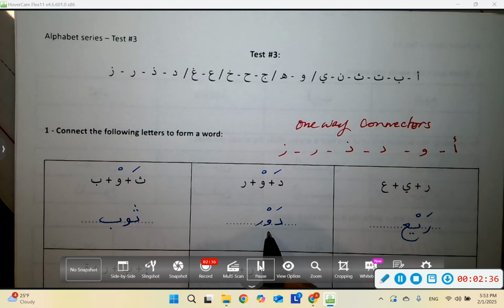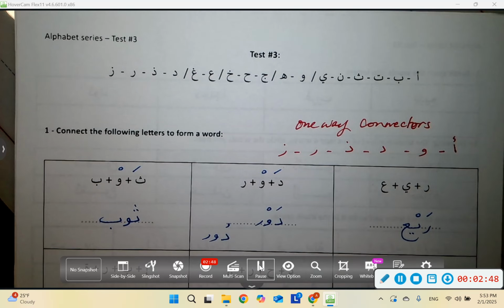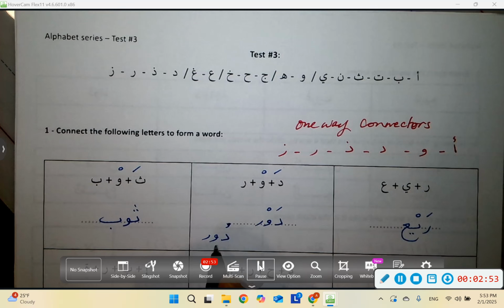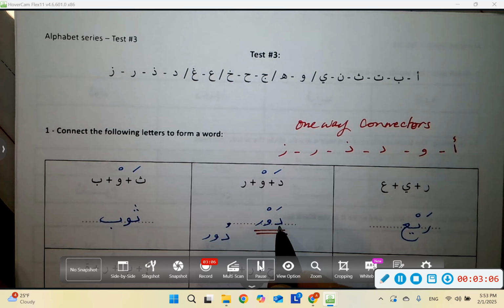So we can't read it as dur, but we read it as daur. Dur has to have dhamma here. In that case, if it had dhamma, then the waw plays as a vowel and pulls the dal sound further, so it becomes dur. While here, the dal has fatha, so this waw is not a long vowel, just a regular letter. Daur.